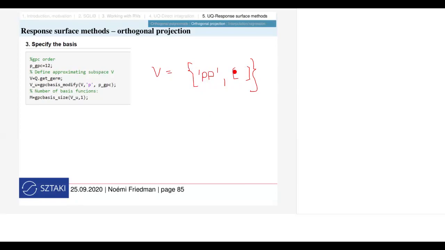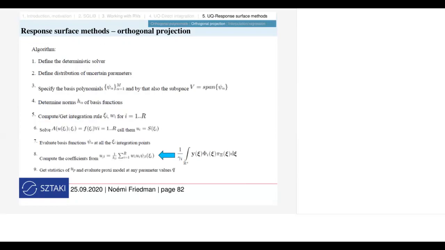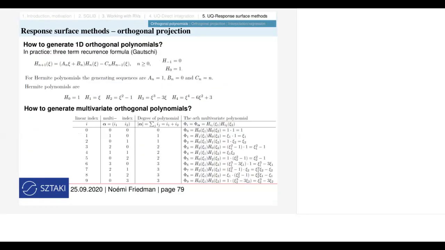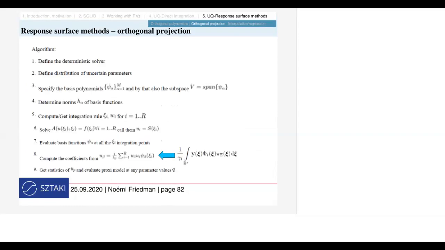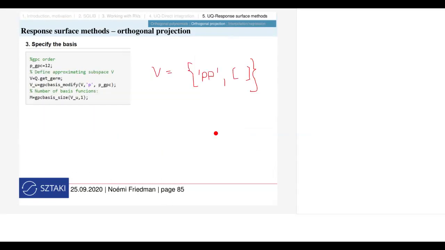So I can only set this multi-index set. Just to remind you, this is the matrix right here. And if I modify it to have a degree 3 approximation, then this will be the matrix that you get as the second element of the basis.